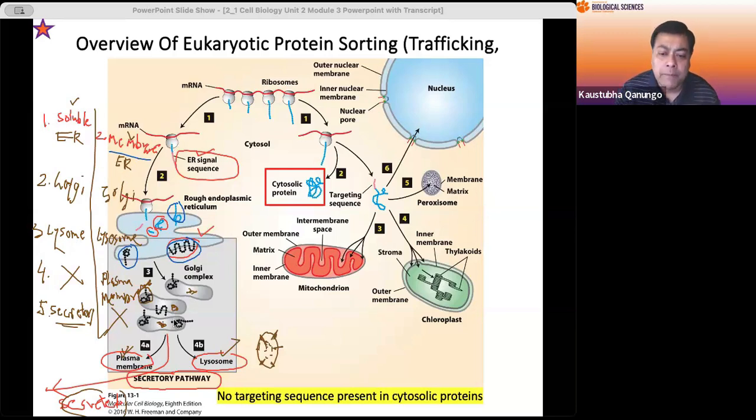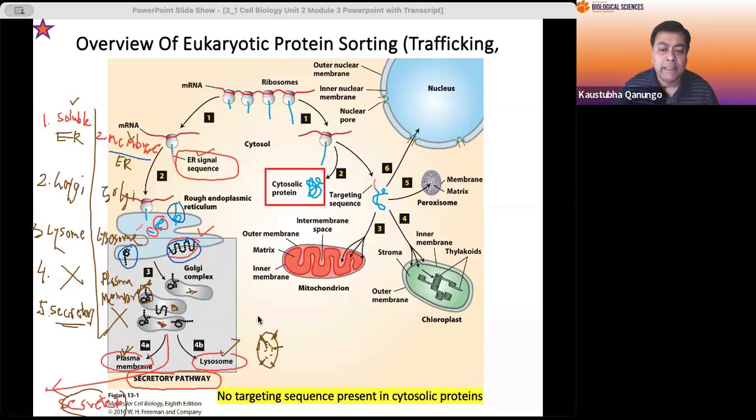And all of them will have essentially a targeting sequence. The targeting sequence is the ER signal sequence. So this is one of the most important parts that we are going to talk about next.